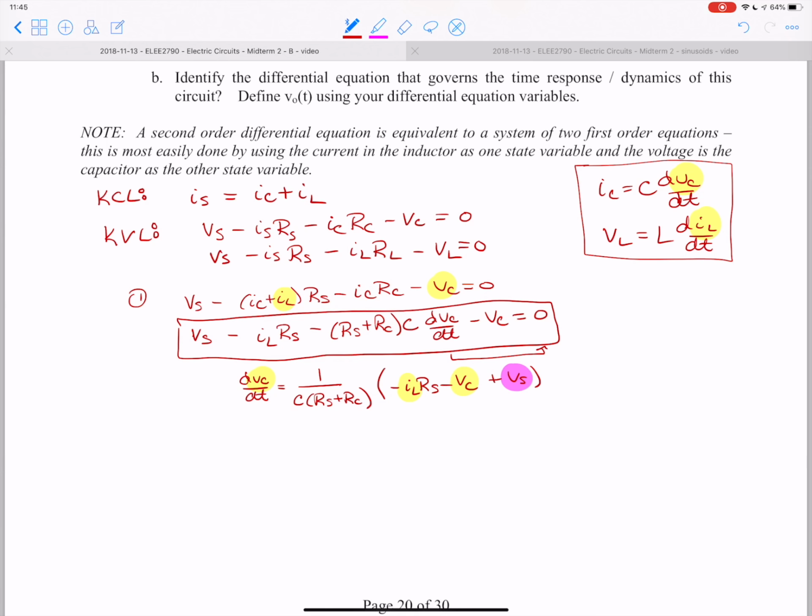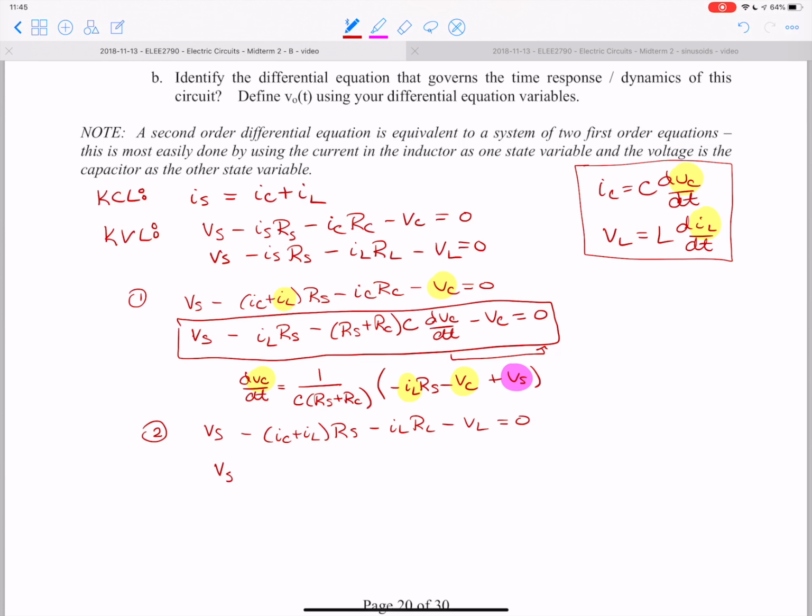Now we're going to work with the second equation. In our second equation, Vs minus IC plus IL times Rs minus ILRL minus VL is equal to 0. And in this case, we're going to be replacing VL. So we replace this by lumping things together.